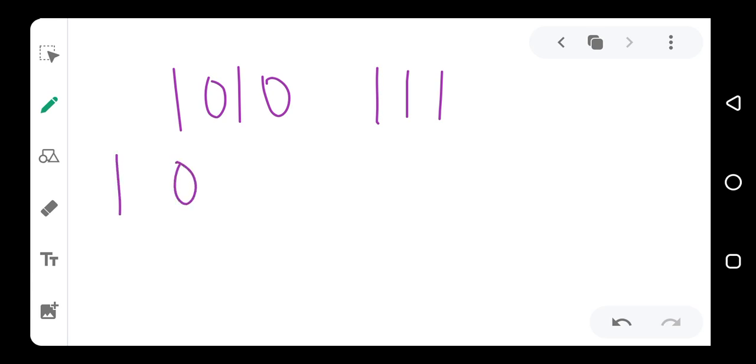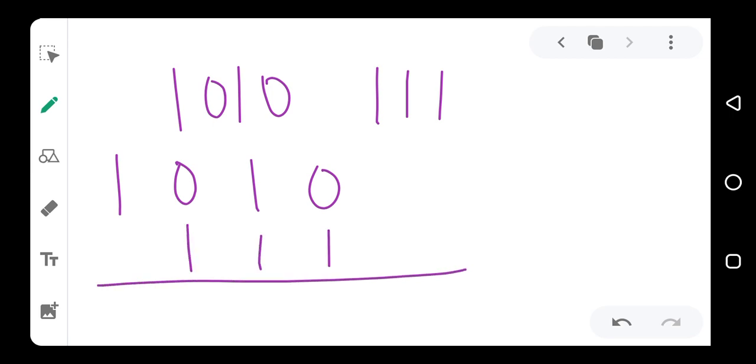If you have 1, 0, 1, 0 minus 1, 1, 1, we arrange again properly. We have 1, 0, 1, 0. We have 1, 1, 1. Now we say 0 minus 1.